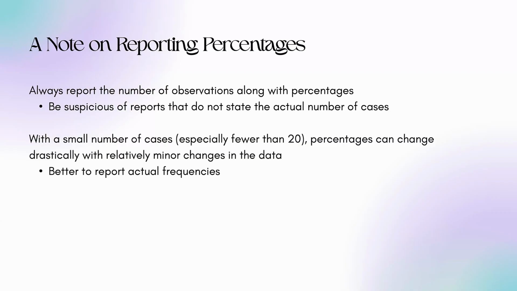This note is important because we also want to think about our sample, right? Ultimately, like I said in previous slides, what we want to do is infer or generalize to a population. If we have too few cases, that's an even smaller subset of the population.